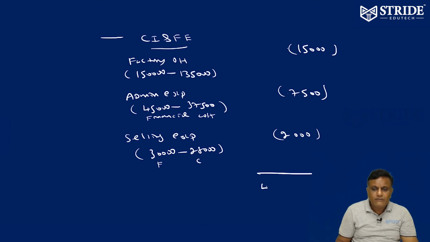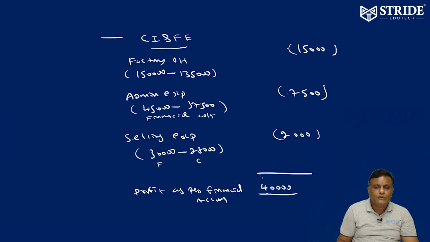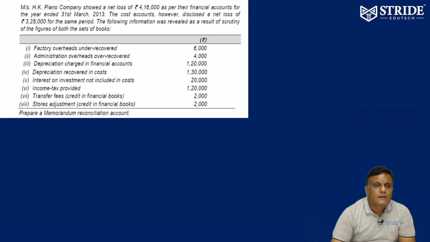So 40,000 will be the answer. This is profit as per financial accounts. So profit in financial accounts 40,000. That's it. Let's start.